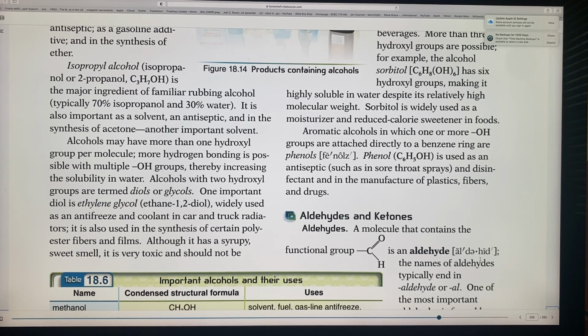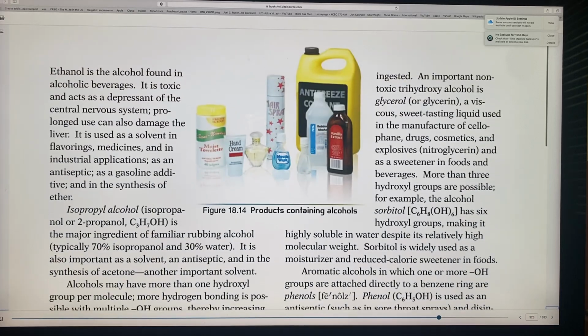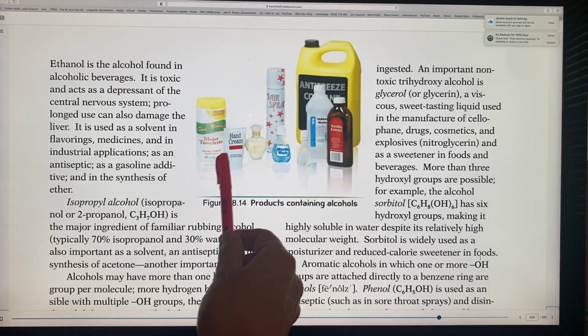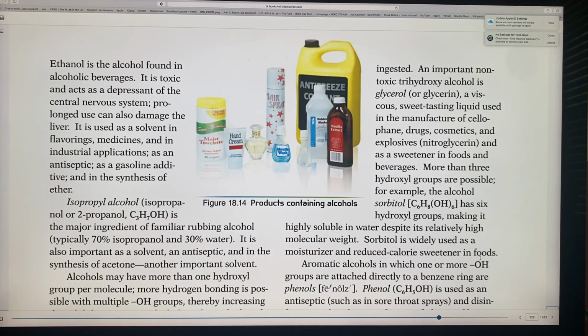It has a very syrupy and sweet smell, but it's very toxic and you shouldn't be ingesting it at all. So here's a picture of the products here: rubbing alcohol, antifreeze, and some other things, hairspray. These are all things that have alcohols in them. Two groups of diols and glycols are ethylene glycol and glycerol.